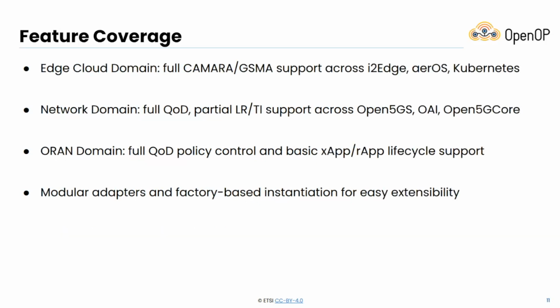Right now, the feature coverage of the SDK is providing these three transformation functions for three domains. For edge cloud, we are supporting the CAMARA and GSMA specifications with the technologies I already showed, which are i2CAT, Aeros, and Kubernetes. For the network domain, we have full QoD, enabling quality on demand, and partial location retrieval, supported across three technologies as well: Open5GS, OAI, and Open5G Core.